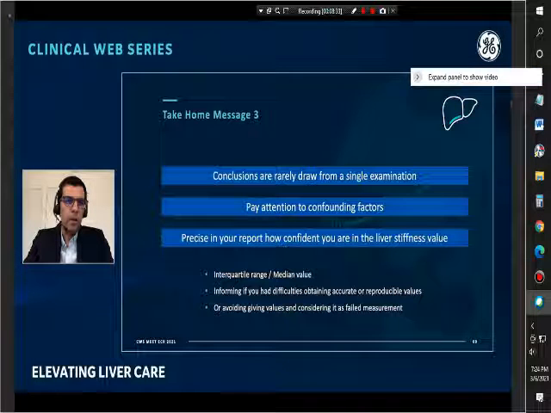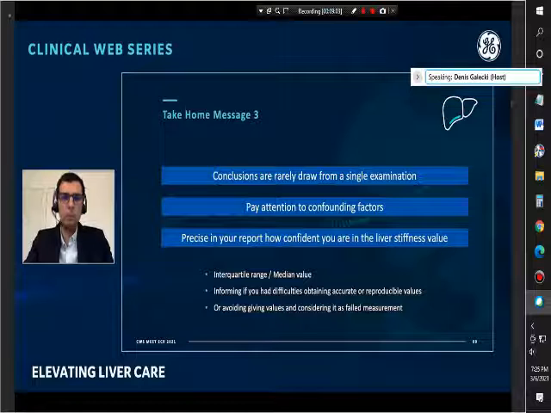So an important message is that we have to specify in our reports how confident we are in the liver stiffness value, by systematically reporting the interquartile range over median value ratio, or by being honest and informing our clinician if we have difficulties in obtaining reproducible values, and sometimes by avoiding giving values and considering them as false measurements.